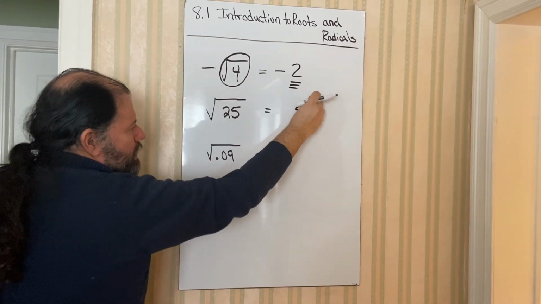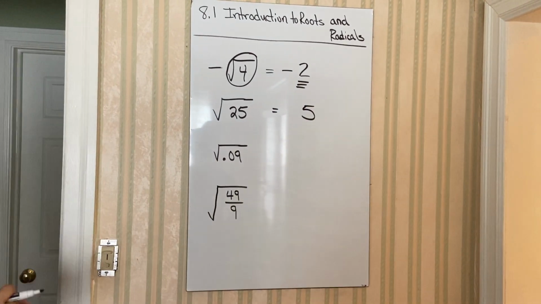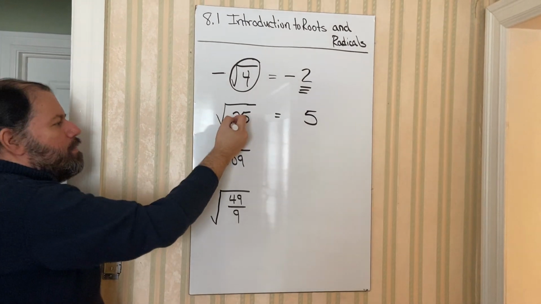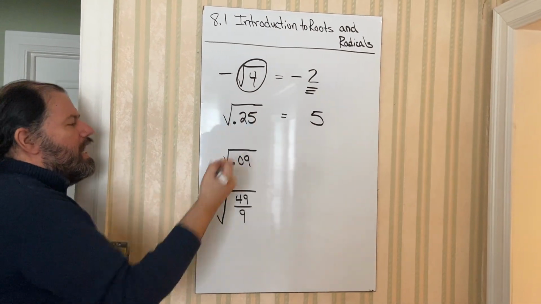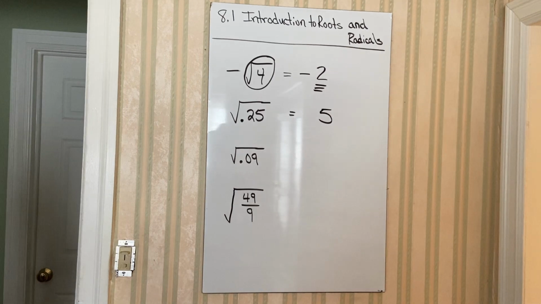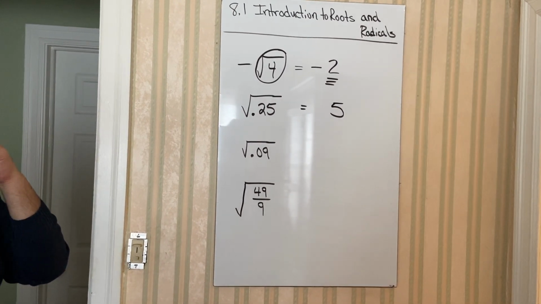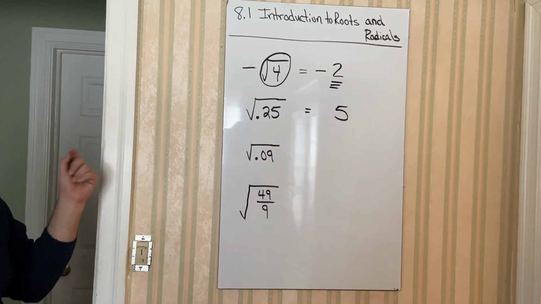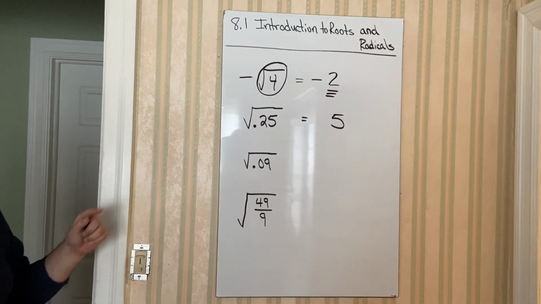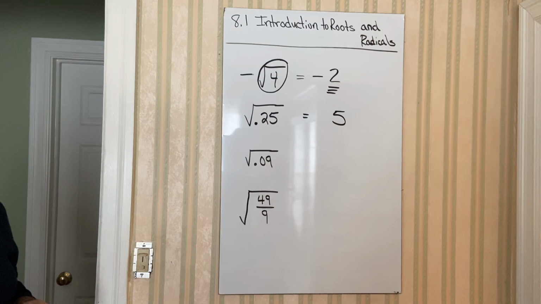But again, I don't put the exponent, I just put the base down. But I don't have 25, I have 25 hundredths, a decimal. So now you have to figure out what decimal, times itself, will give you 0.25.